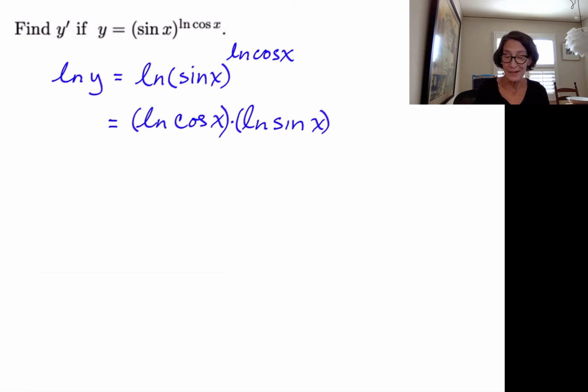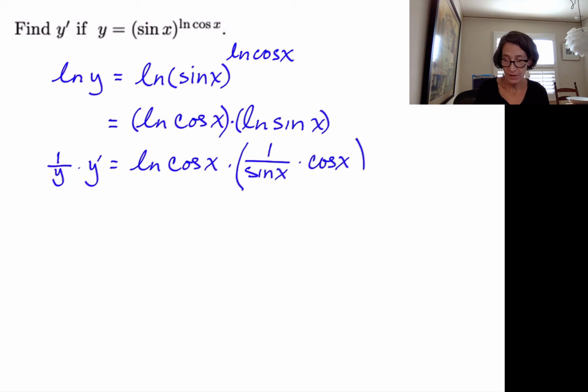cosine, and sine. All right, so on the left side, we differentiate the outside with respect to the inside and multiply by the derivative of the inside. On the right side, we're going to use the first times the derivative of the second, so it's 1 over the inside times the derivative of the inside, plus the second times the derivative of the first.